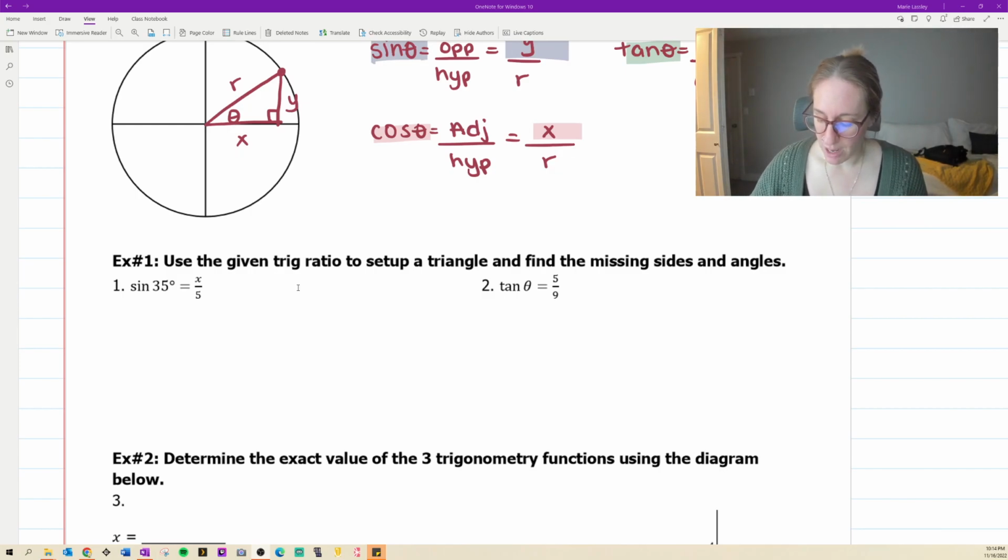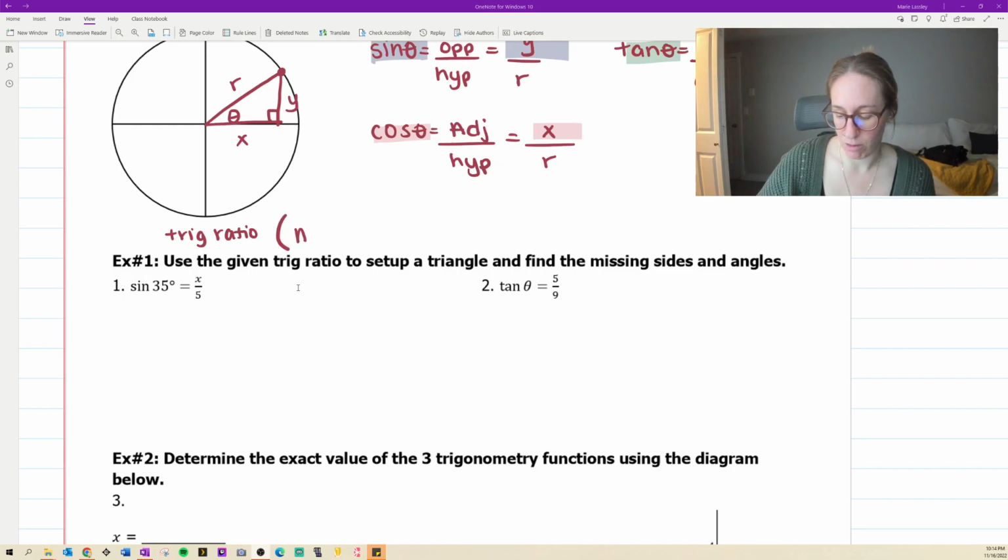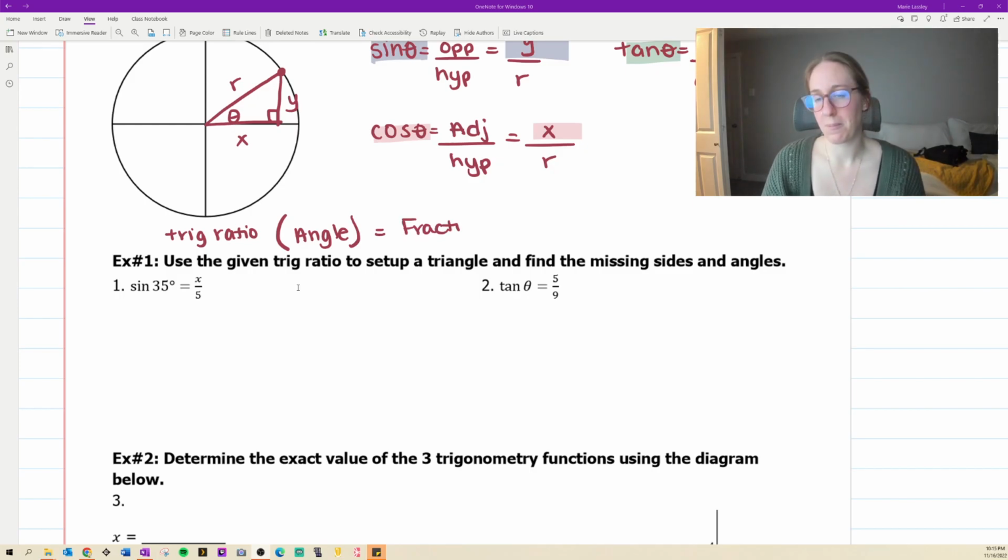The first problem, number 1, says that sine of 35 degrees equals x over 5. And this is important. When we're doing trig and it's just straightforward trig, it's always going to be your trig function of some angle equals some fraction.